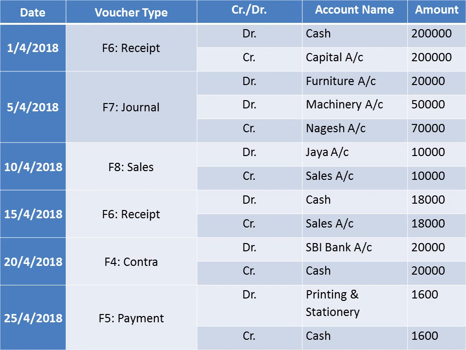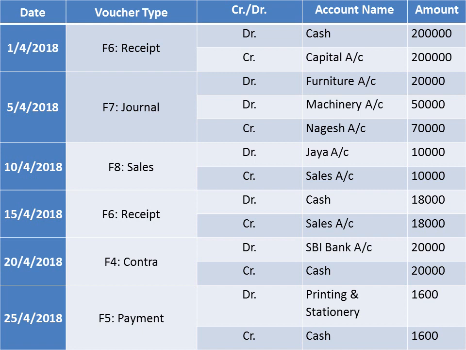Voucher type: cash account debit to capital account. The second transaction, furniture account debit, machinery account debit to Nagesh account, is voucher type F7. The third transaction is sales, you can use F8, and here Jaya account debit to sales account.